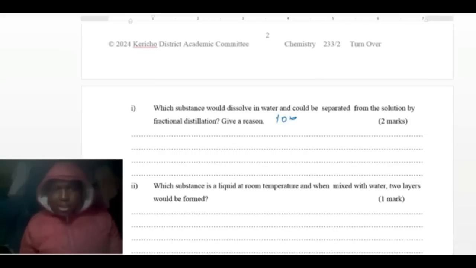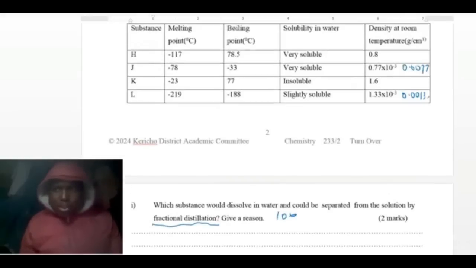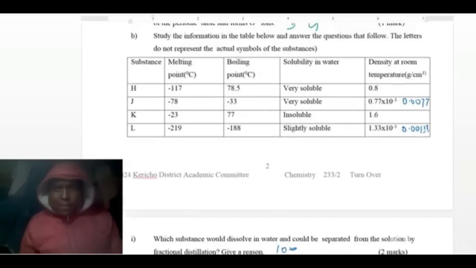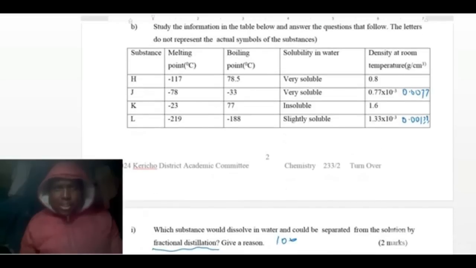So this substance that we are going to dissolve in water and then separate must have a temperature that is different but close to 100. So you go to the table and check there. Look at H, it has a boiling point of 78, J -33, K 77, L 188. So the boiling point that is close to that of water is 78.